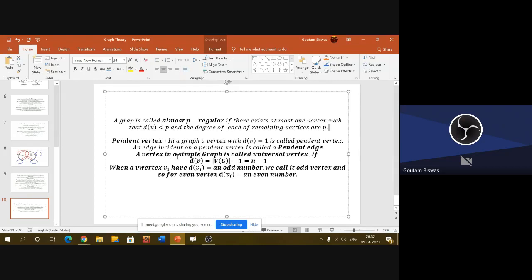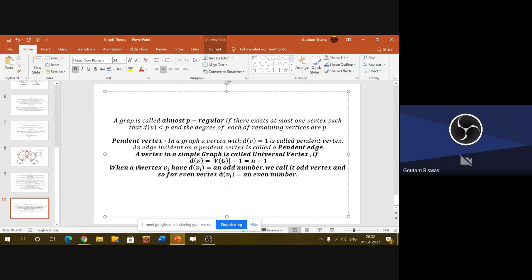A vertex in a simple graph is called a universal vertex. Remember this name, universal vertex, if the degree of that vertex is n minus 1, where n is the number of vertices.